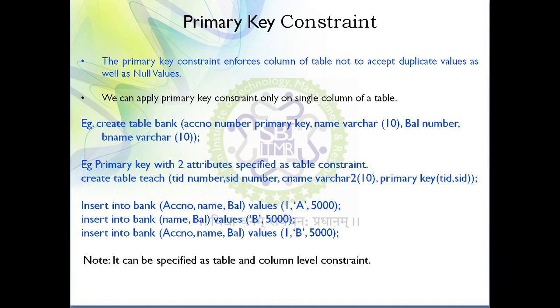So primary key constraint can be applied on only a single attribute of the table. Though a primary key may be formed with more than one attribute, separately you cannot apply primary key constraint on separate attributes. So this is the important thing that you should know about primary key constraint.